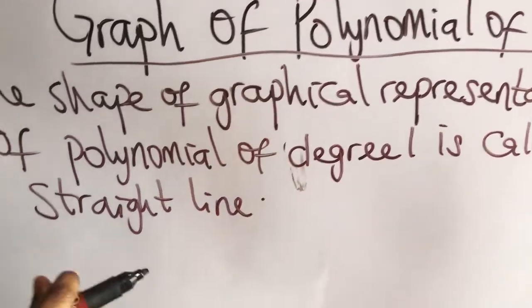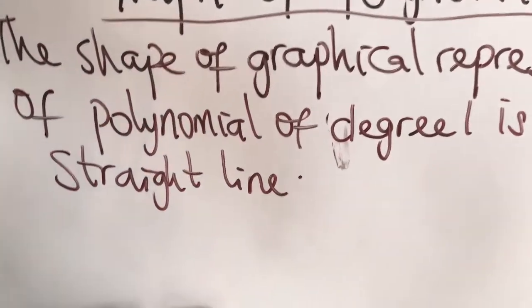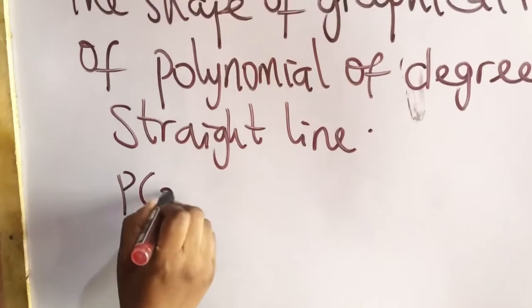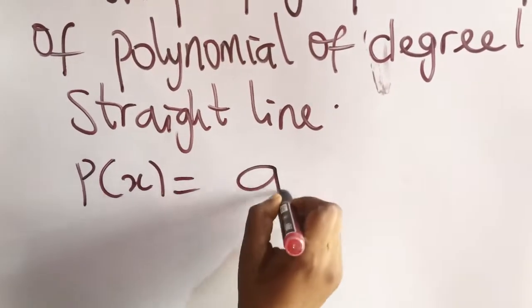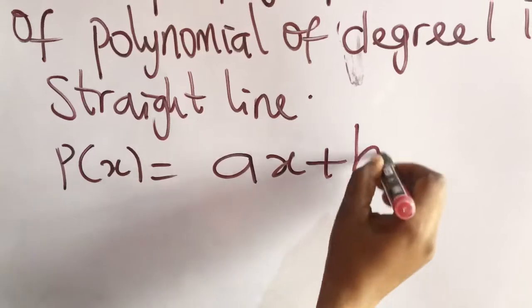For example, a polynomial of degree 1 is p of x is equal to ax plus b.